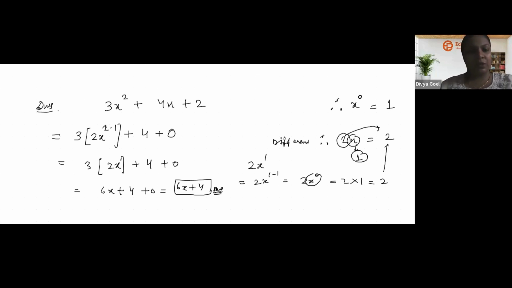Let's do one more question. 2x to the power 4 plus 6x square plus 3x plus 1. So write this as it is.